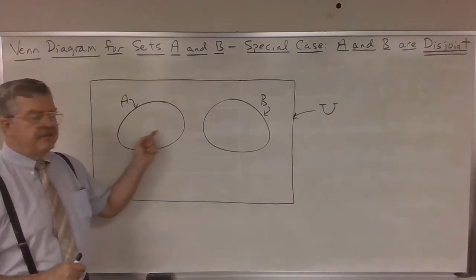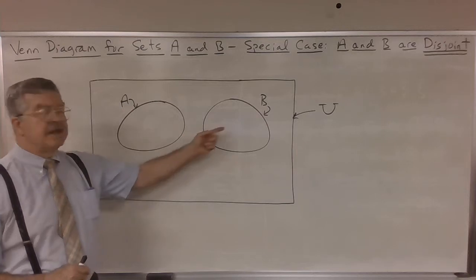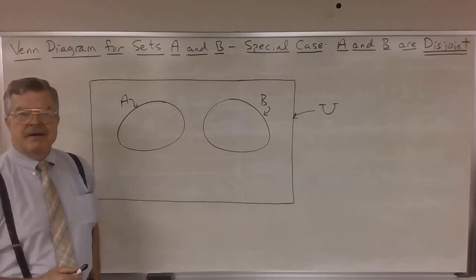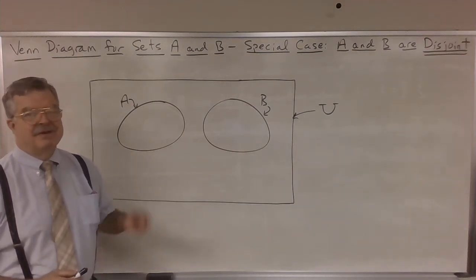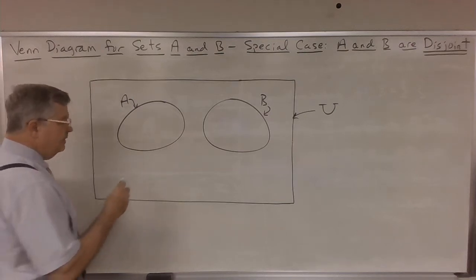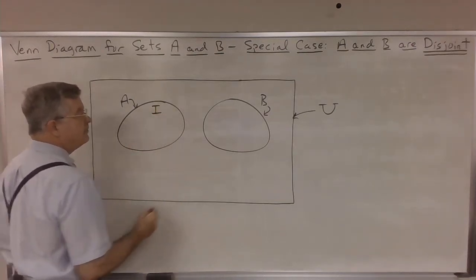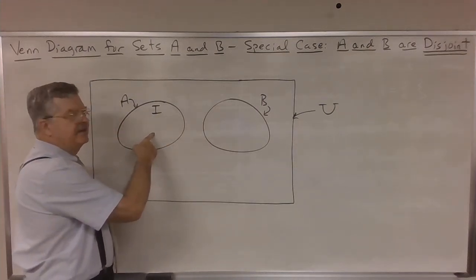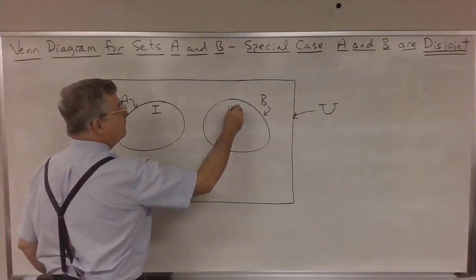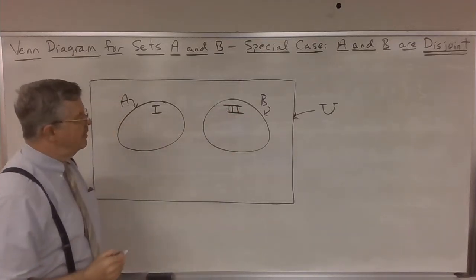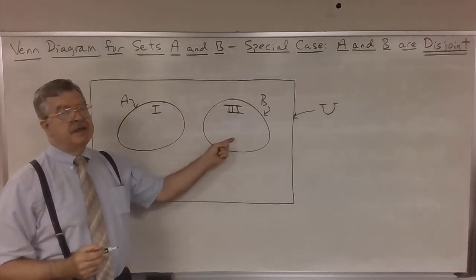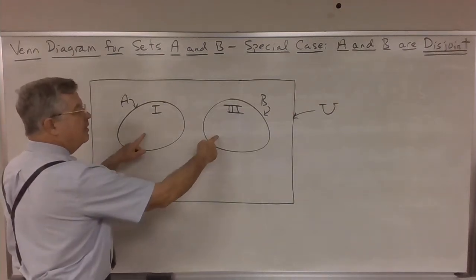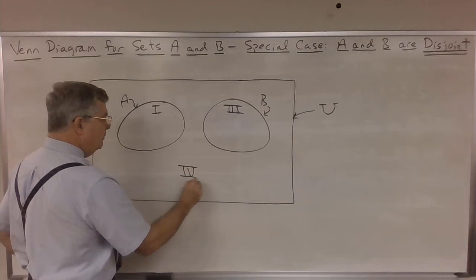And notice in this Venn diagram, sets A and B don't overlap. So the way we've drawn the Venn diagram for A and B, there's no region 2. So we could label this as region 1, all of the elements that are in set A, but they're not in set B. We'll label this as region 3, all of the elements that are in set B, but they're not in set A. And everything that's outside of both of these sets, we'll label region 4.